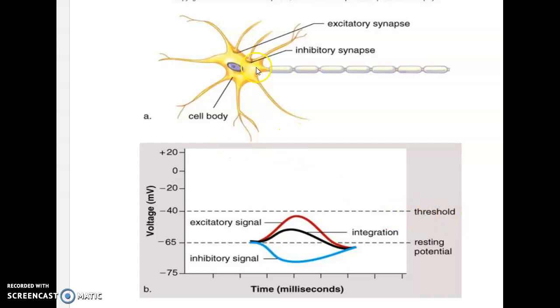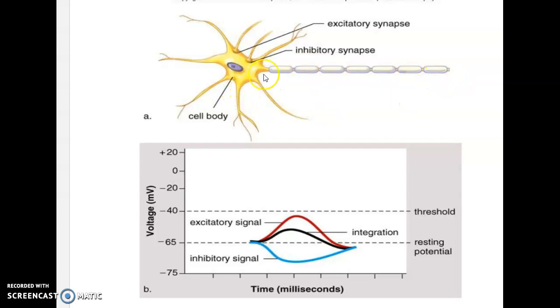Threshold is the number at which voltage-gated channels start opening up, and then they produce a positive feedback, because once they open up, they trigger the next group to open up, which triggers the next group to open up, because each time they open up, they bring in enough positive ion where the ion flows in this direction, it causes the next area to reach threshold, which then opens up sodium channels. Sodium comes in, causes the next one to reach threshold, and it keeps generating.